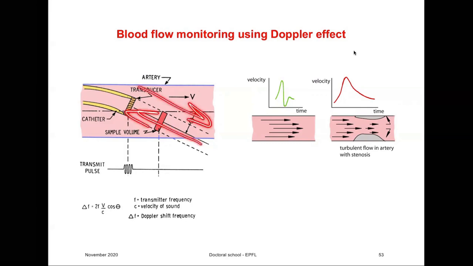The frequency of the incoming and the reflected wave will be different, because the medium, blood, in which the acoustic signal is propagating has its own velocity, and you know from physics that if an acoustic wave is propagating in a medium that has its own velocity, or if a source of the sound is moving, then the frequency will change.